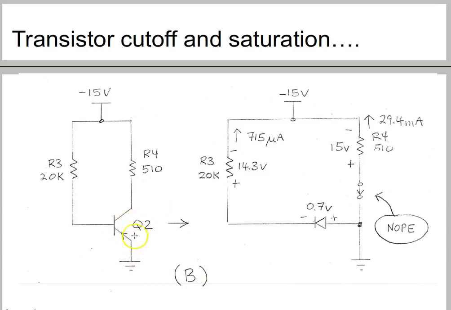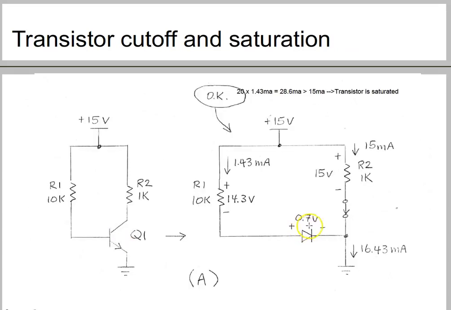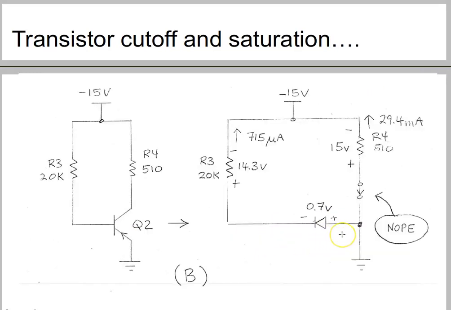If you see this arrow, this belongs to a PNP transistor, and that's why, compared to the previous circuit, where the diode was in this direction, in case of PNP it is in this direction. So you will have 14.3 volts here.